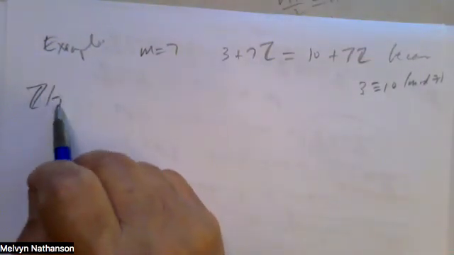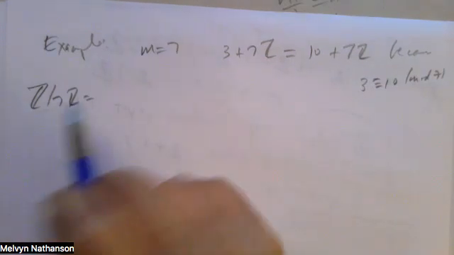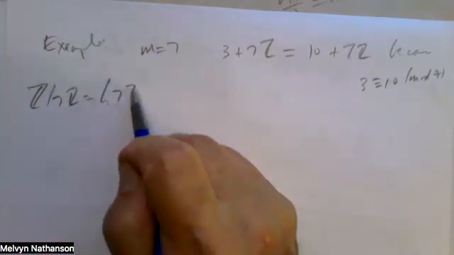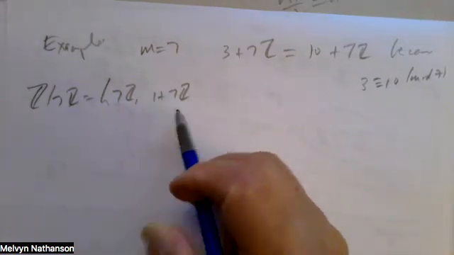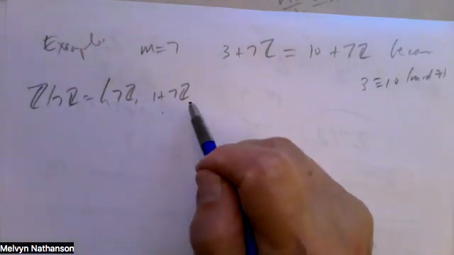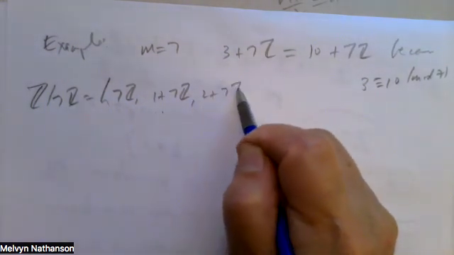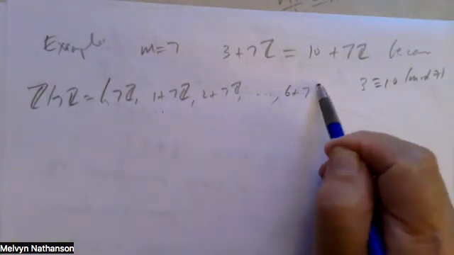And the set of all congruence classes mod 7 has 7 elements. The multiples of 7, the congruence class of 1, this is all integers that leave a remainder of 1 when divided by 7, 2 plus 7Z, all the way up to 6 plus 7Z.